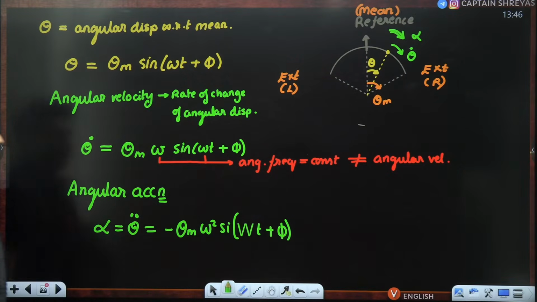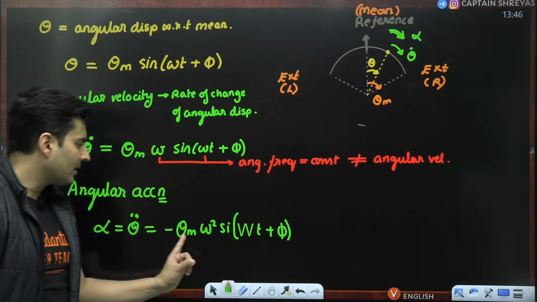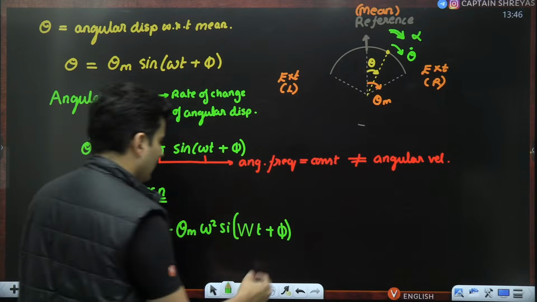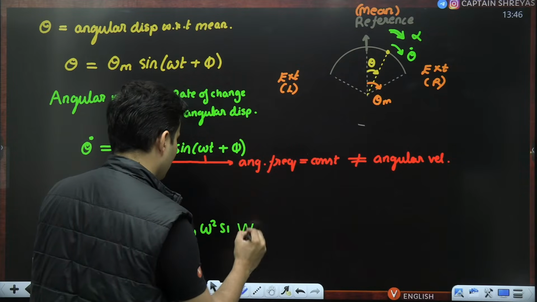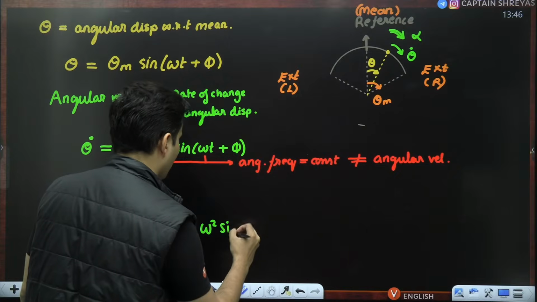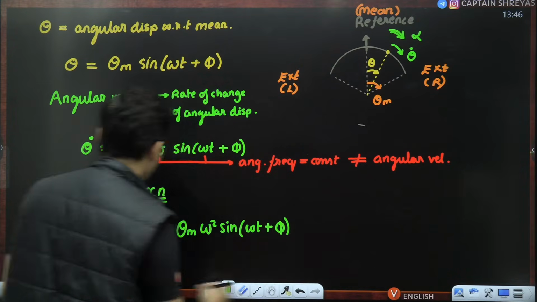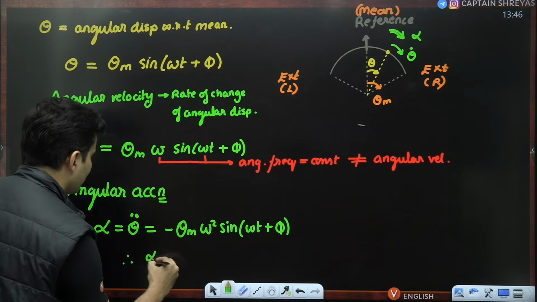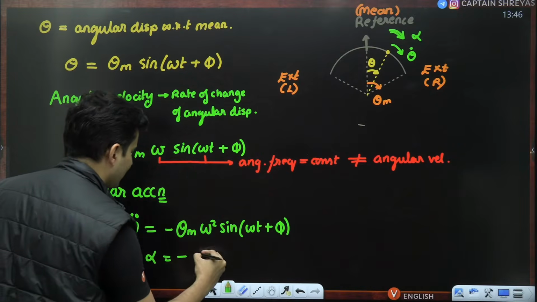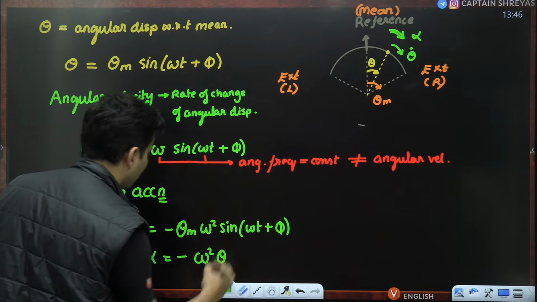So that is the answer. Just like a is minus A omega square sine omega t plus phi, same thing over here also. You can also write acceleration as minus omega square x. So instead of x, you can also write theta.